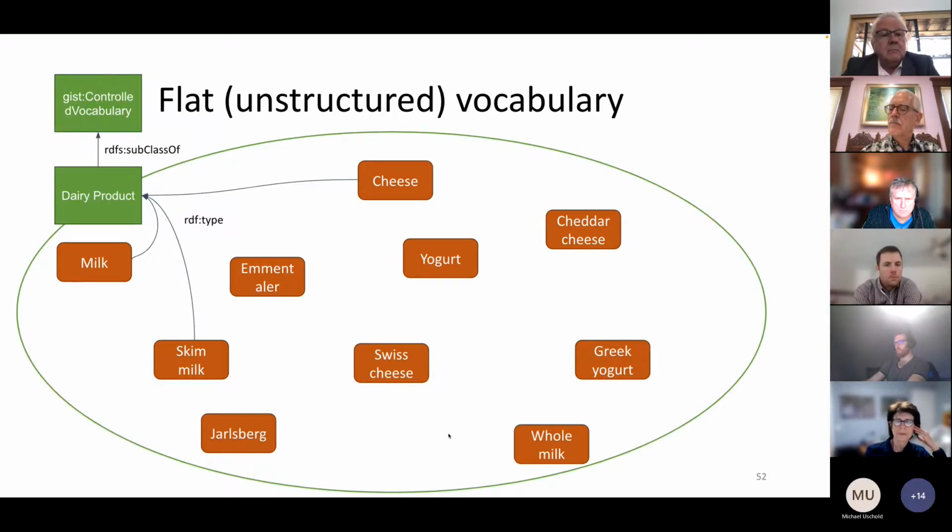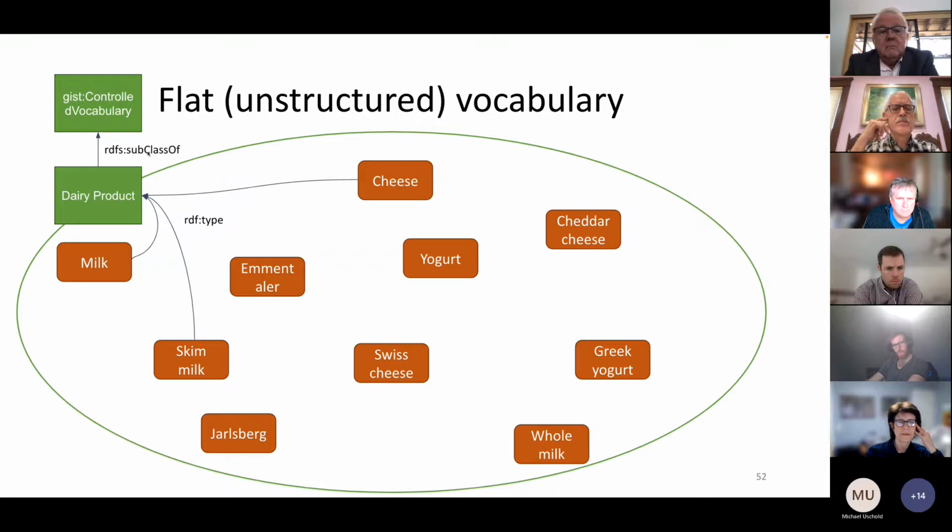So here, my drawing skills are pretty weak at this point, but what we have here is just this controlled vocabulary. It's a flat, unstructured one. I didn't draw all the lines here, but every one of these would be a type of dairy product. Sorry, we're looking at controlled vocabulary.